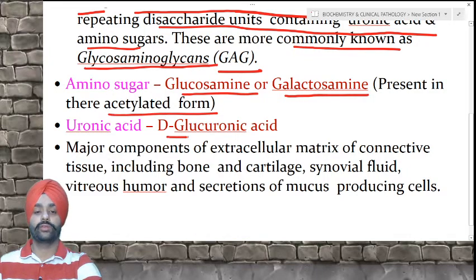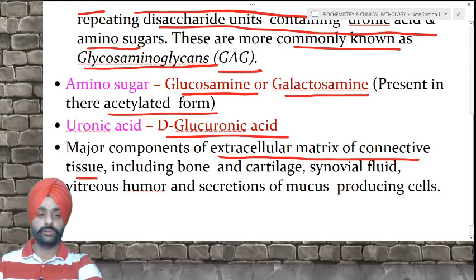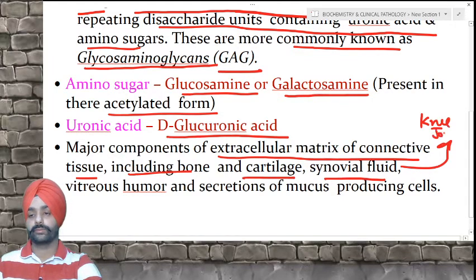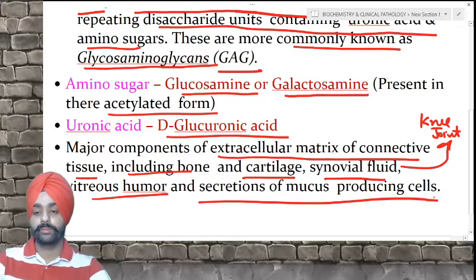The uronic acid is glucuronic acid. This is the major component of the extracellular matrix of connective tissue, including bone and cartilage, synovial fluid mainly found in knee joints, vitreous humor, and the secretion of mucus-producing cells.